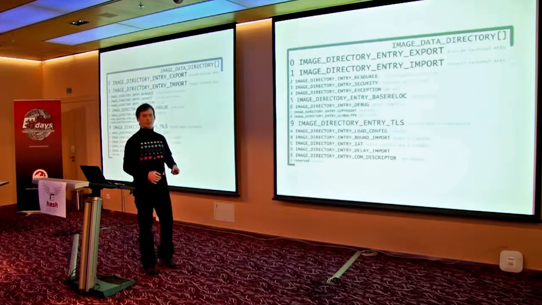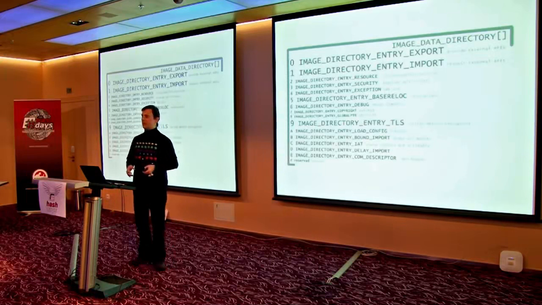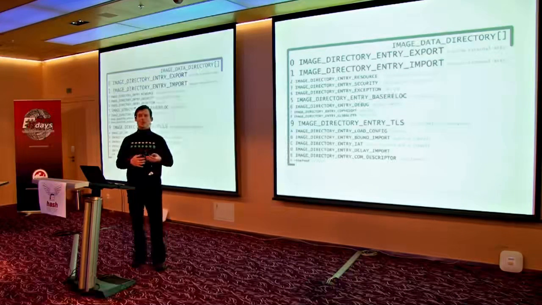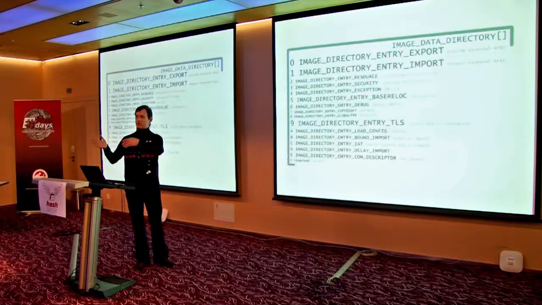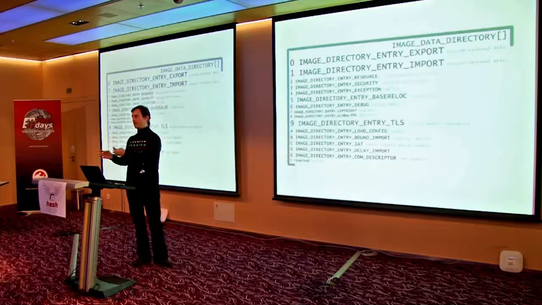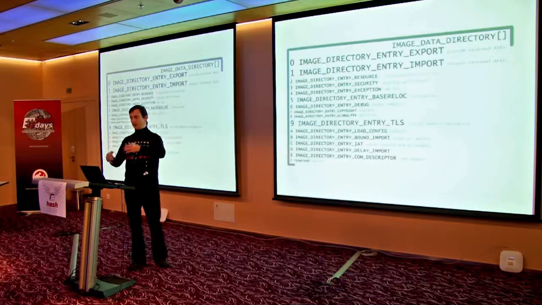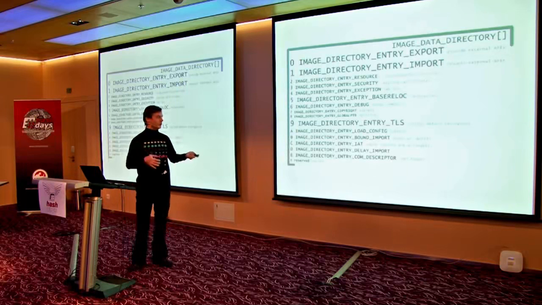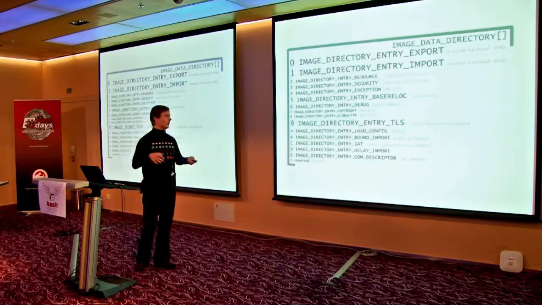Load config is used for the safe structured exception handling implemented by Visual Studio compilers, but it's not a PE loader structure. When you have this, the file embeds extra code from the compiler. Bound imports is just to speed up the imports loading. Instead of performing lookups with the exports, you can store the imports so that the actual value that will be loaded in memory is already there, to speed up things.